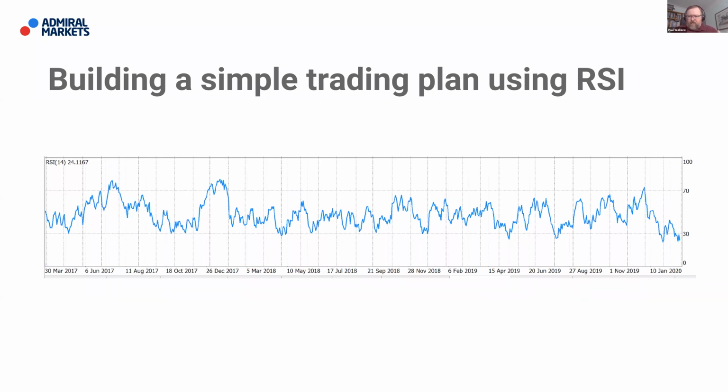But as I said, there are lots of different ways that you can use RSI, even based upon changes in the periods you use for your RSI settings. You can see it's an oscillator, basically running and shifting between 0 and 100, and that's what we're going to look at and work on for the rest of our session here.